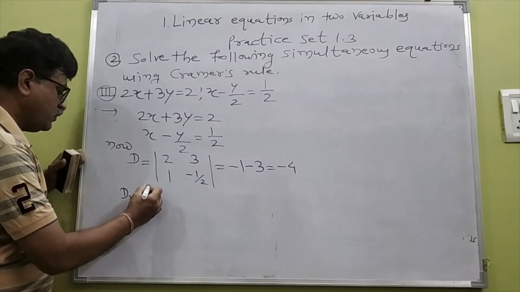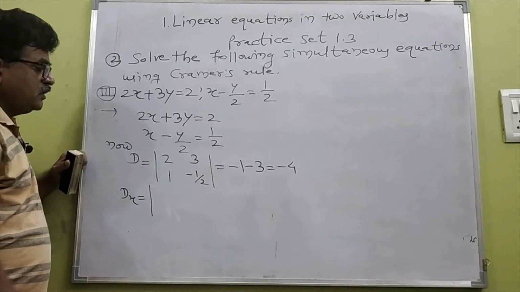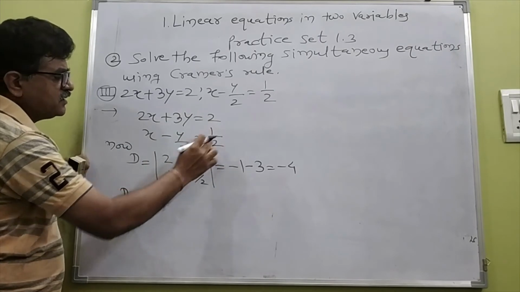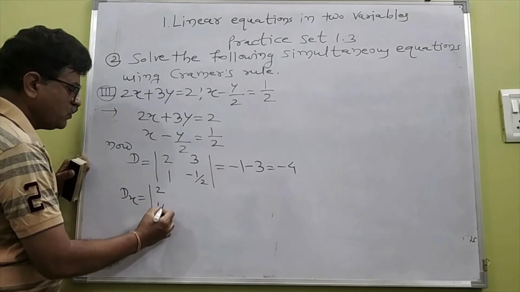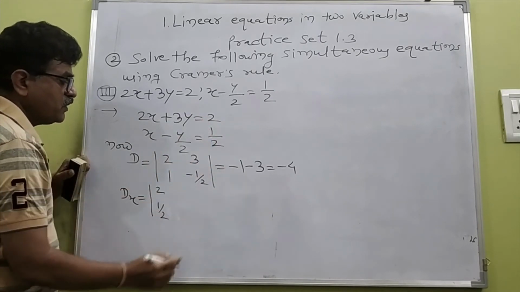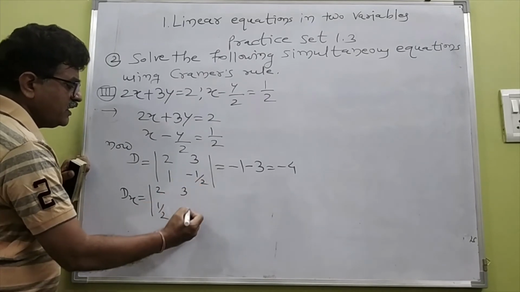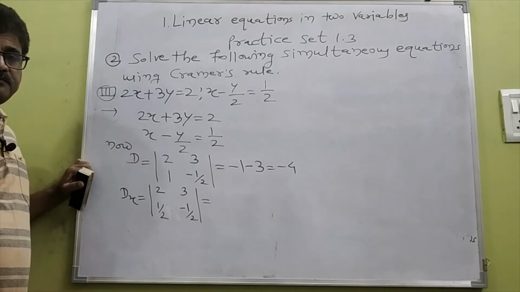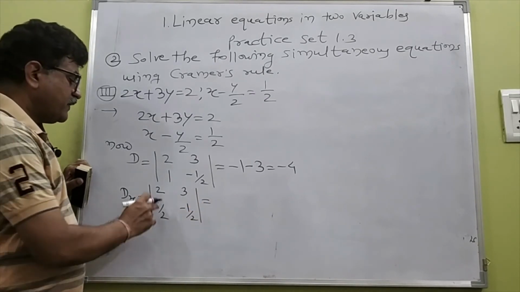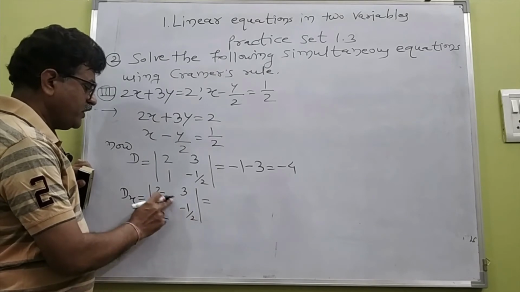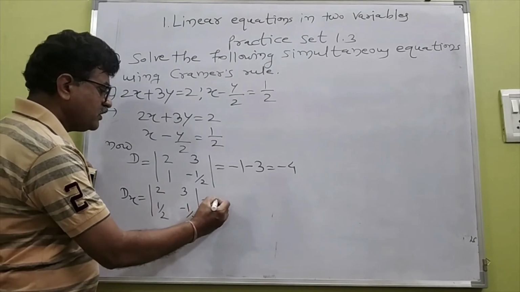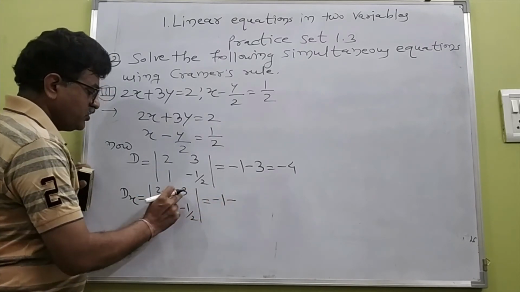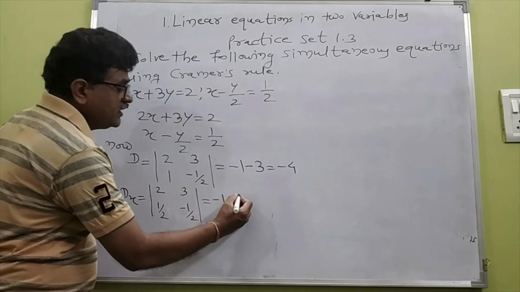Dx is equal to determinant of, now instead of first column च्या ऐवजी काय लिहायचं? Constant term 2 1 upon 2, 2 1 upon 2, 3 minus 1 upon 2 as it is. दूसरा column as it is equal to, taking cross multiplication, 2 into minus 1 upon 2, 2 get cancelled, minus 1 minus 3 into 1 upon 2, that is 3 upon 2.